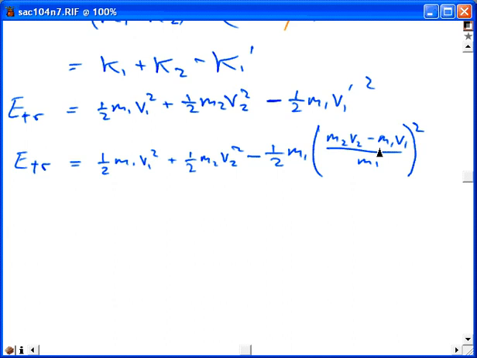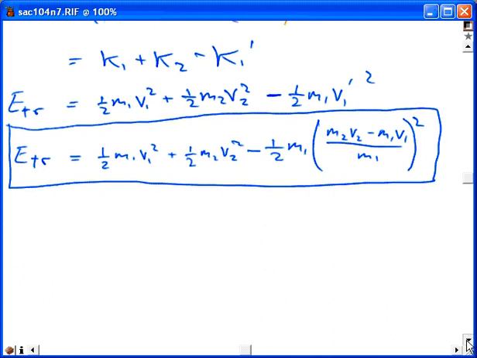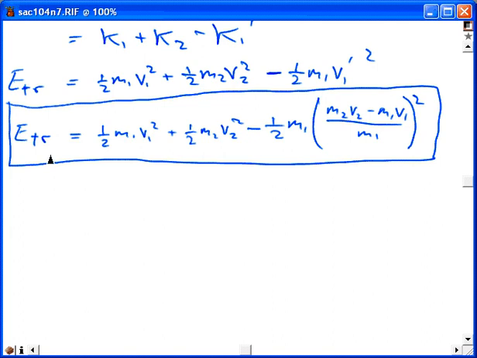I'm going to have mixed terms as well, so I don't know that it gets any simpler than this. That would be a matter of opinion. We could factor a 1/2 M out if we wanted, but I'll leave it just like that. It's not obvious that if I expanded this out and combined terms the expression would get simpler. Factoring in the 1/2 gives more parentheses, so whether it can be simplified is a matter of opinion. I'm going to leave it just like that. So the amount of energy that got transformed is this expression right here.